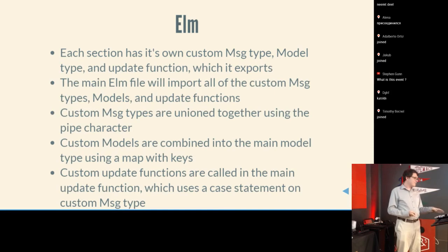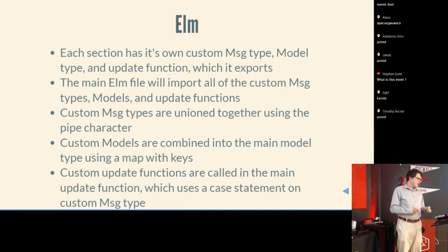The custom update functions would be called in the main update function, using a case that would separate each of the update functions out based on those previously separate message types that were all unioned together. You can split those up again and then pass that message and the state to each individual update function that was exported from those previous function files.